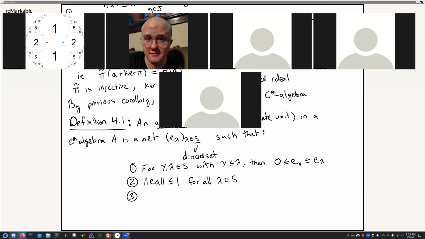And finally, and maybe most importantly, we can require the limit of the net E lambda A is equal to A, which is the same as, as it's written in your notes, the limit of the norm of E lambda A minus A is 0.